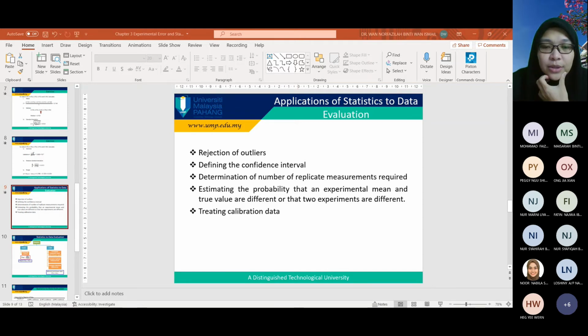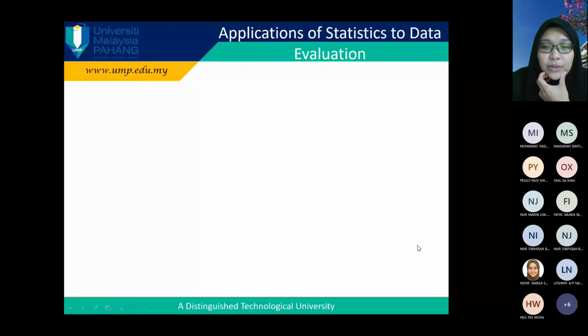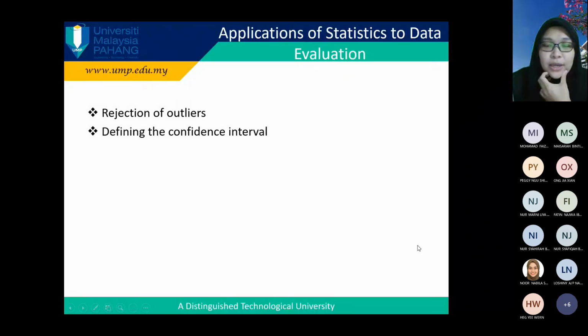Next, we are going to continue. Just now, I was talking about the confidence interval. Let's say you get samples from your customer. You are working in a testing laboratory.